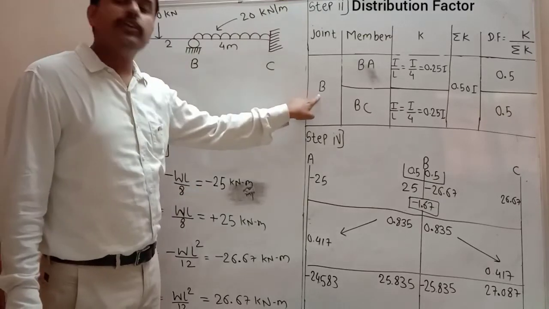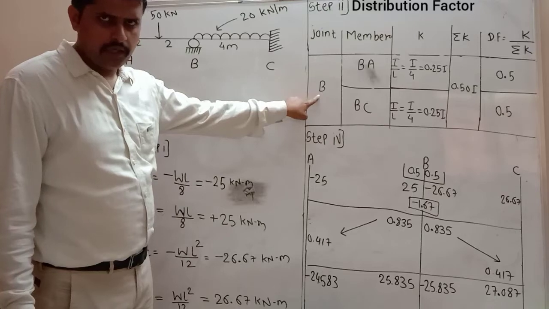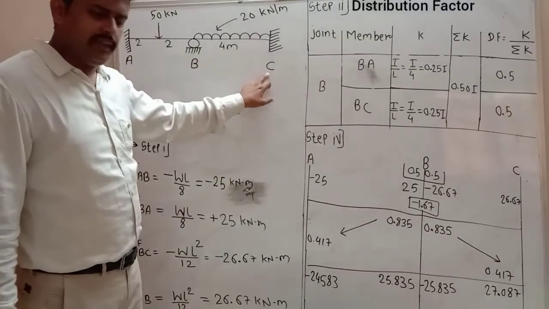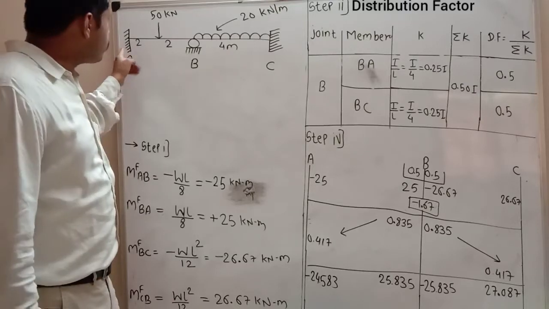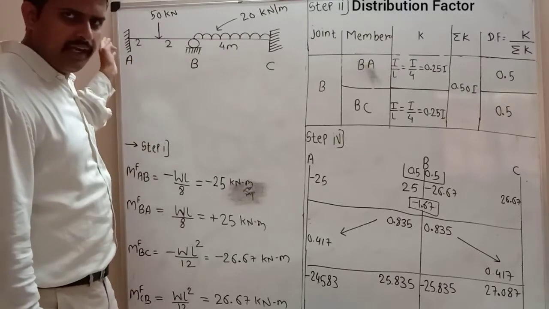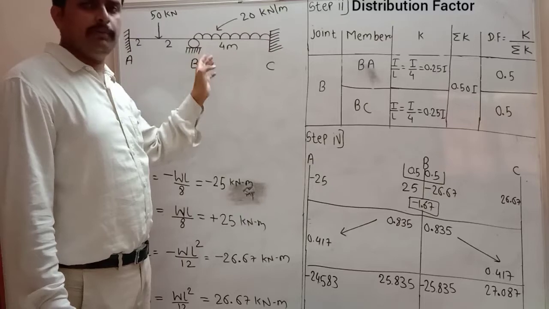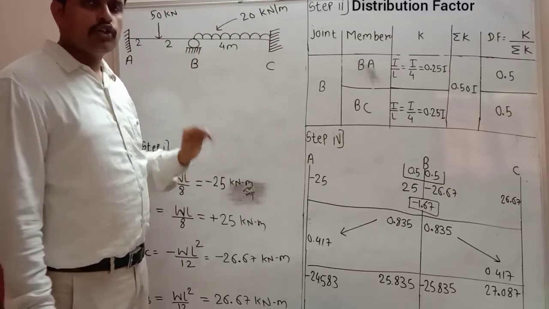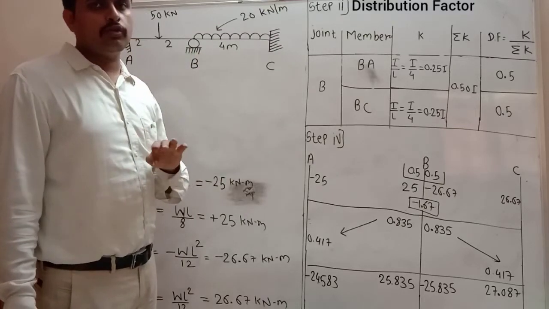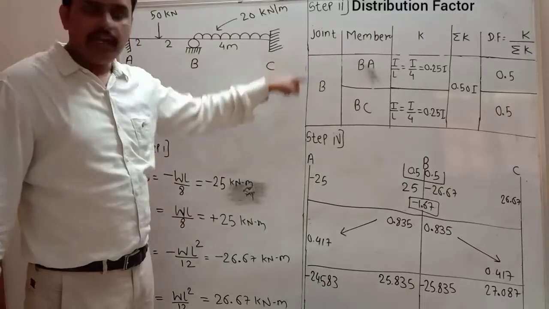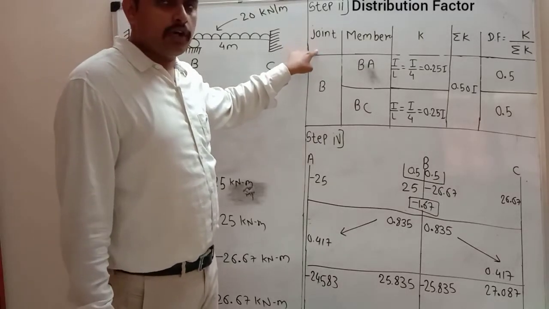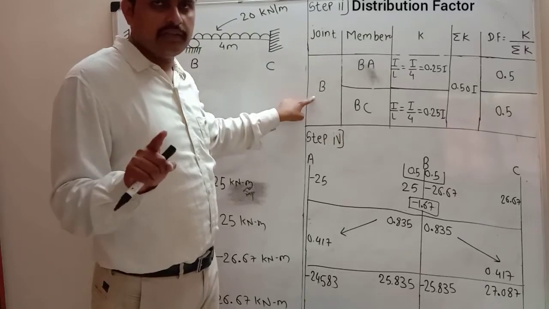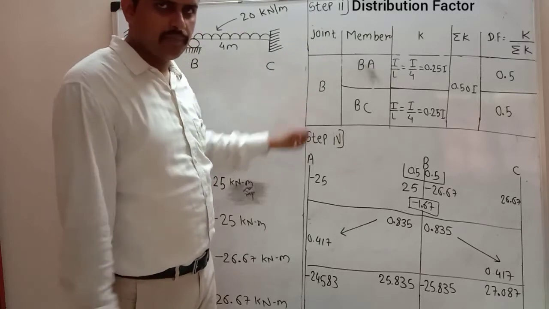So we will write only joint B. Now consider joint A and joint C. There is only one member attached, member AB for joint A and member CB for joint C. So there is no need to write those joints in this column. So in this column there is only one joint, that is joint B.